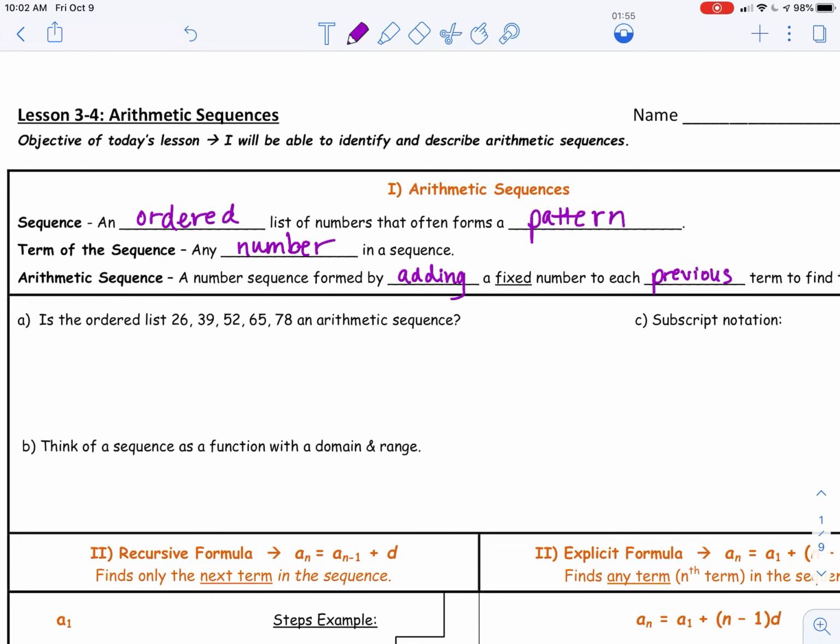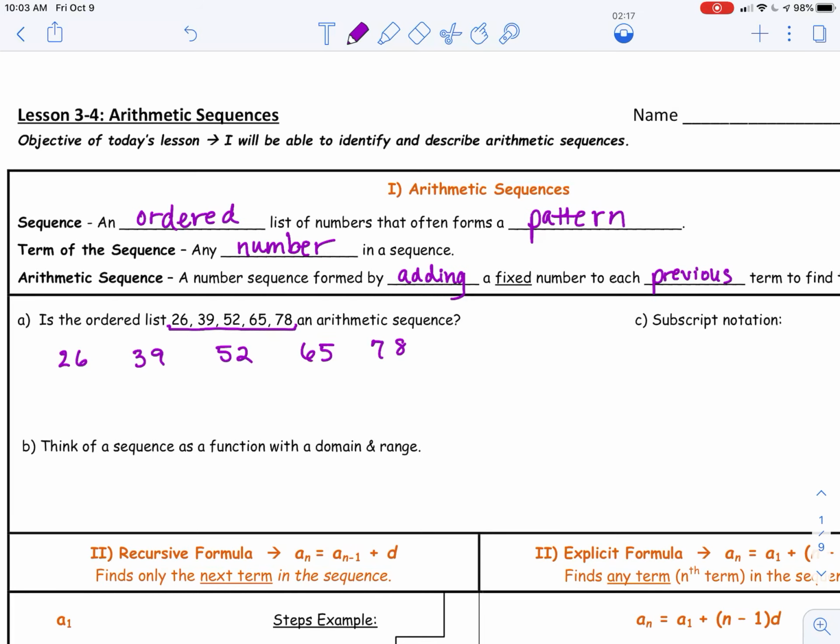Okay, so let's go ahead and look at letter A down here. We have a sequence of numbers here, 26, 39, 52, and 78. I'm going to rewrite them because I want to spread them out just a little bit. So I have 26, 39, 52, 65, and 78.